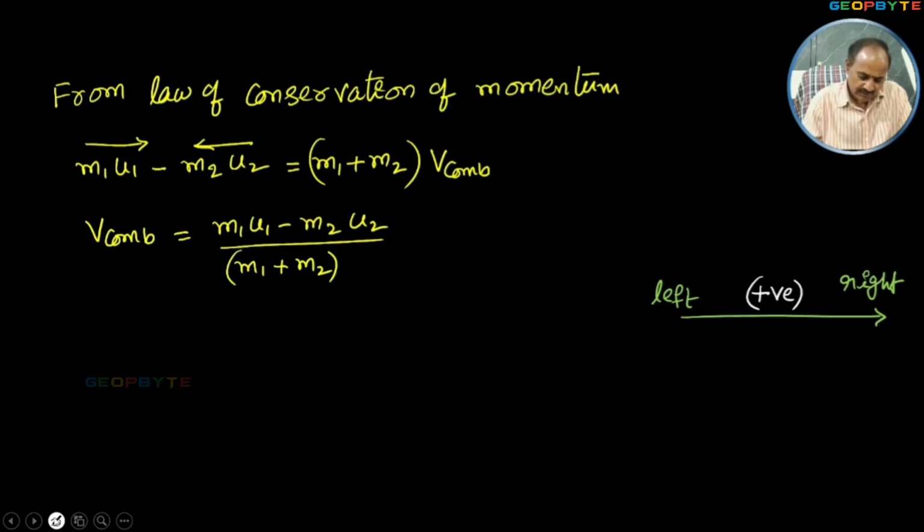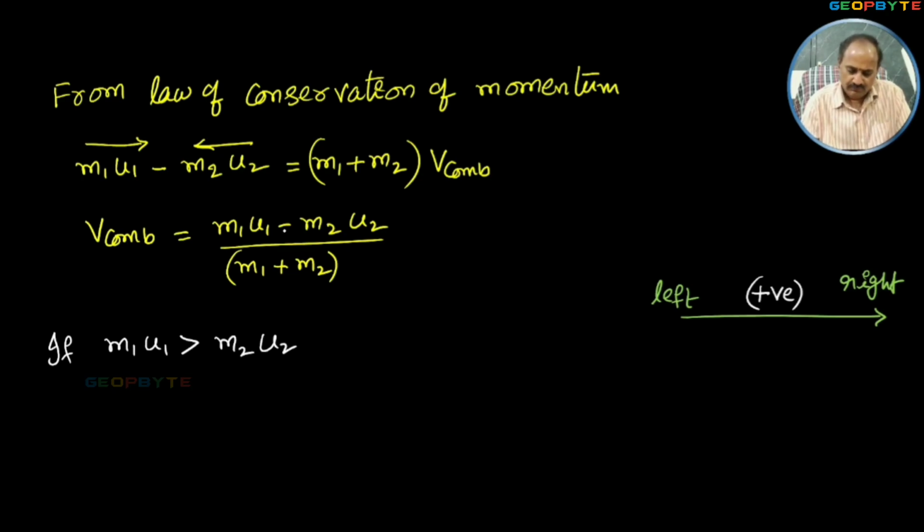Here we need to discuss two important points. Remember, if m1 u1 is more than m2 u2, the combined velocity is positive.